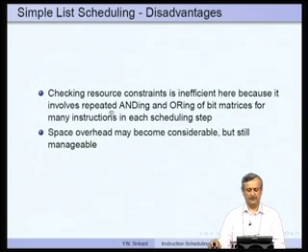It involves repeated ANDing and ORing of bit matrices for many instructions in each scheduling step. There are many matrices here, and if there are many resources as well, the overhead may become considerable, but it is still not too bad, but there is a lot of work.